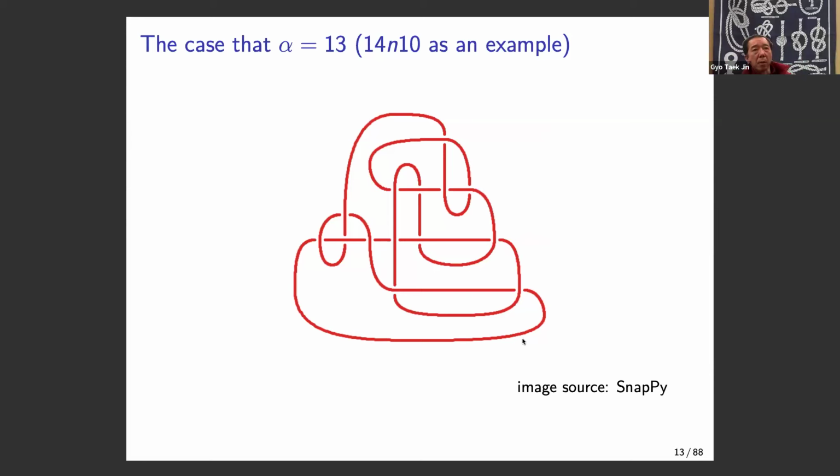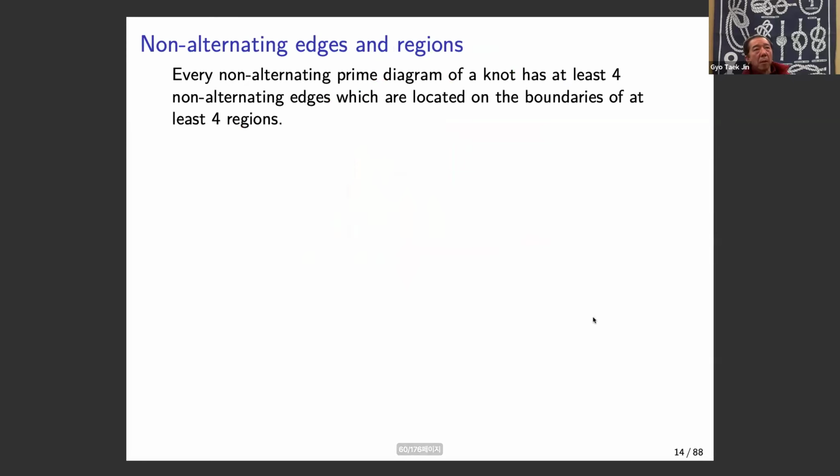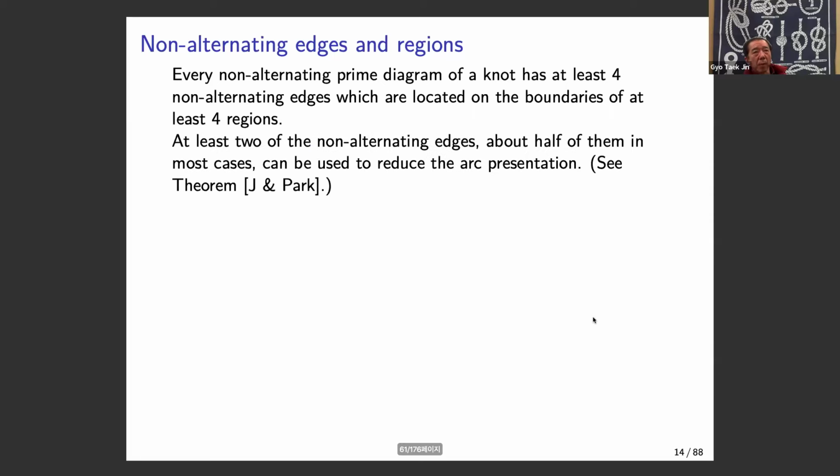So here this knot is 14n10, obtained from SnapPy. Okay, every non-alternating prime diagram of a knot has at least 4 non-alternating edges, which are located in the boundaries of at least 4 regions.